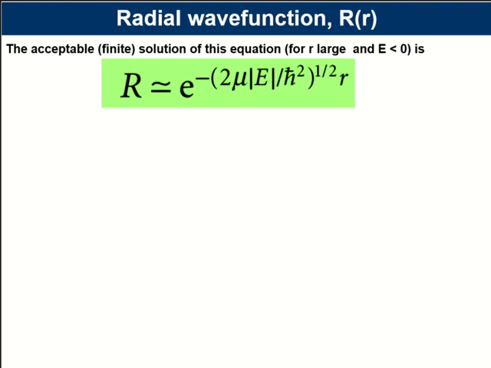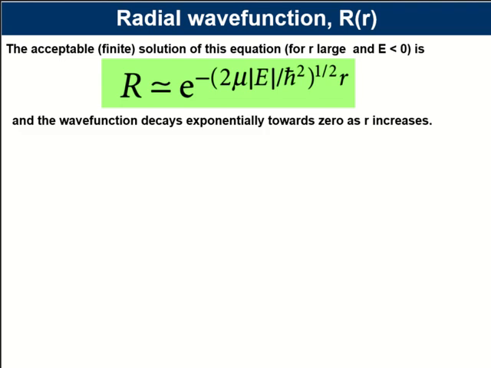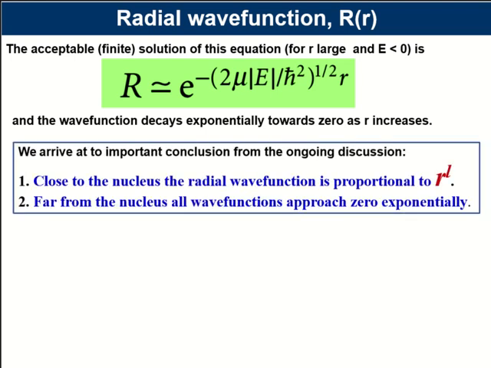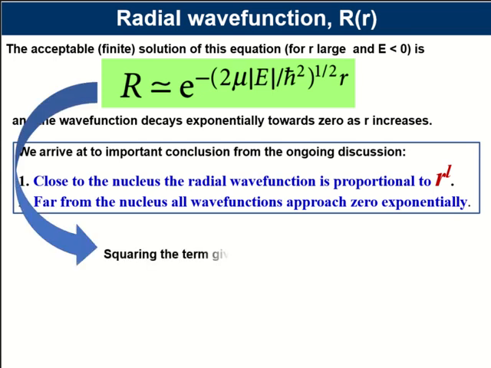Meaning you will see an exponential decrease. So exponential decrease of the amplitude will be there as per this function. And then we looked at this specific term r to the power L. Closer to the nucleus, the wave function is proportional to r to the power L. Far from the nucleus, you can expect it to decay exponentially to 0.